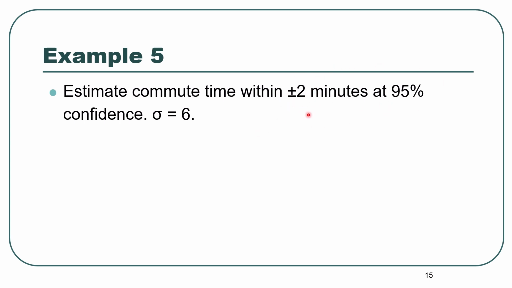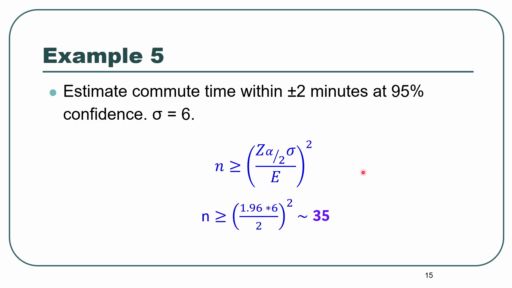So this is your E, this is the confidence level, and this is your sigma. I'm going to apply that formula, which will give me the minimum sample size that I can use to achieve my goal, just plugging in my values. This is 6, this is 1.96 because this is a 95% confidence level, and E is 2. So applying that formula, solve for n.